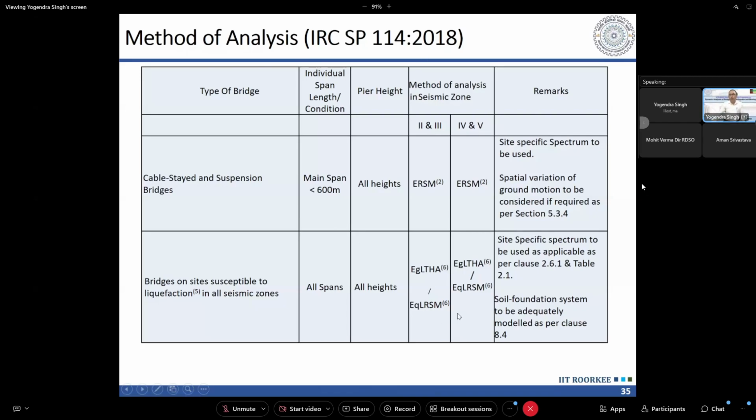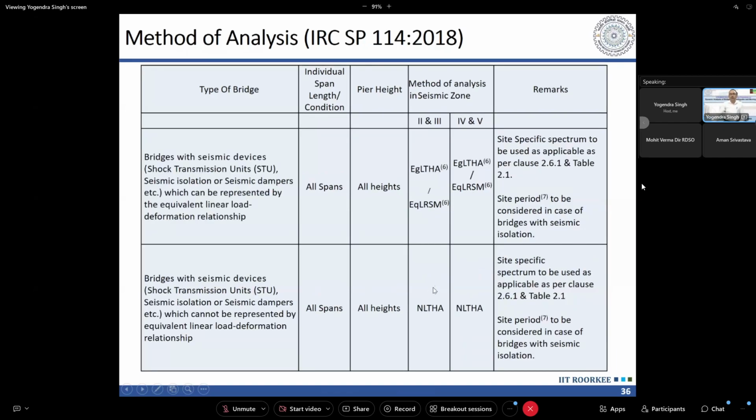And because we do not know the displacement in advance, we will assume some displacement, calculate the equivalent secant stiffness, and with that we will perform a linear time history analysis and check that the displacement which we are getting from our equivalent linear time history analysis is matching with the displacement which we have assumed initially to calculate the stiffness. If not, we have to do iterations.